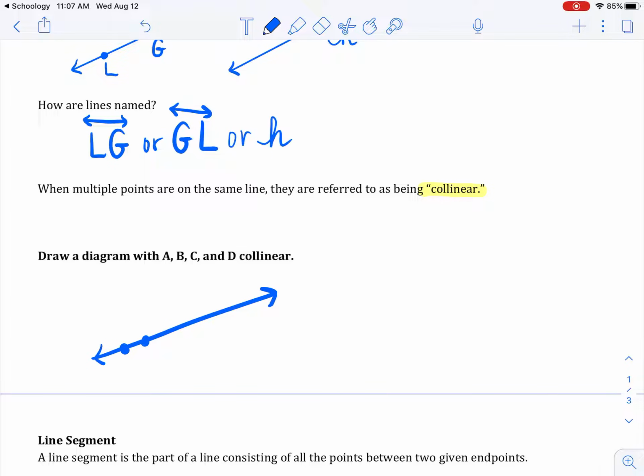So that's 1, 2, 3, 4 points: A, B, C, and D. They're now collinear. What I could do is draw a 4th point over here and say E, and I can say E is non-collinear.